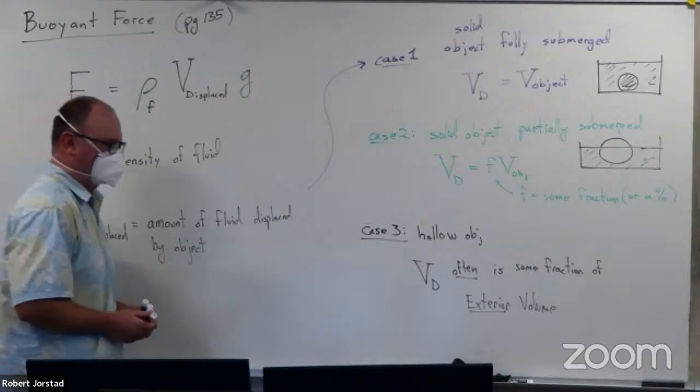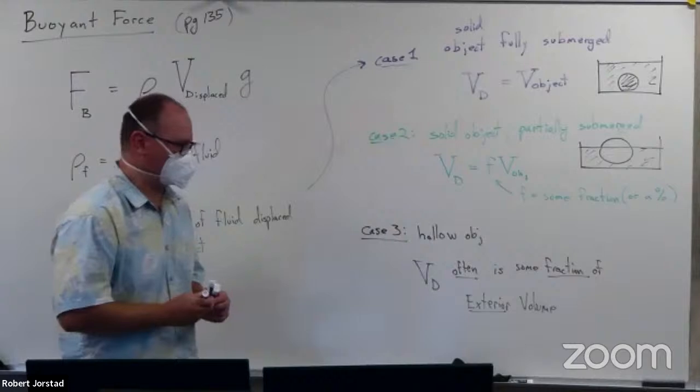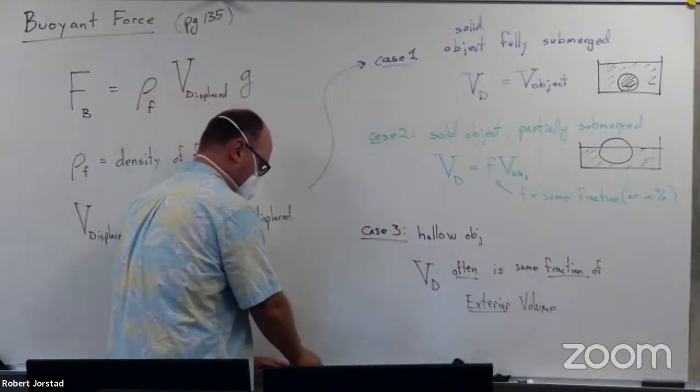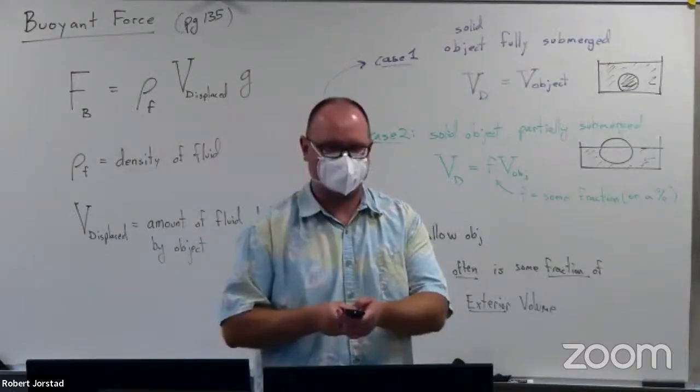So with a hollow object, we oftentimes have to do some fraction of the exterior volume. And this is complicated to explain, so I'm going to go straight to the picture, or straight to the water tank.